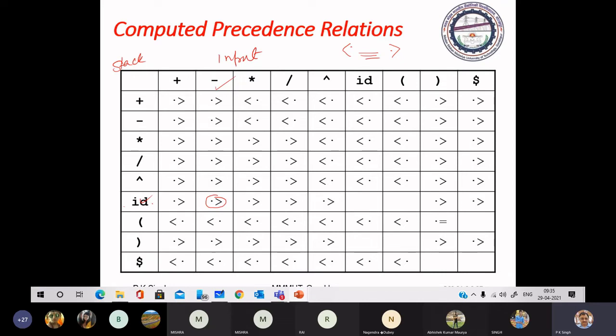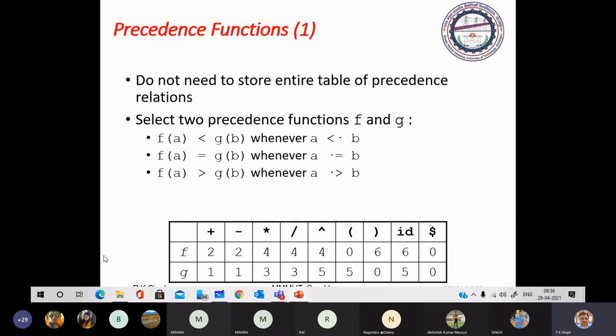But for operator precedence parsing, storing this table is complex. So what we do is store the table in a two-dimensional array having this information. Actually, we define two functions, the f function and the g function.